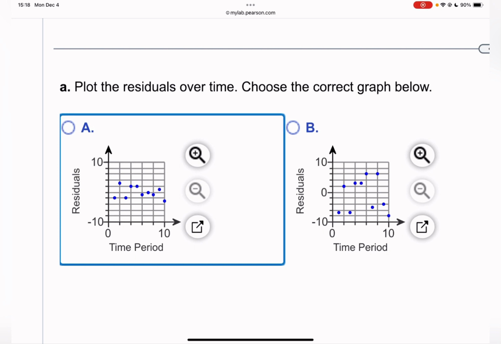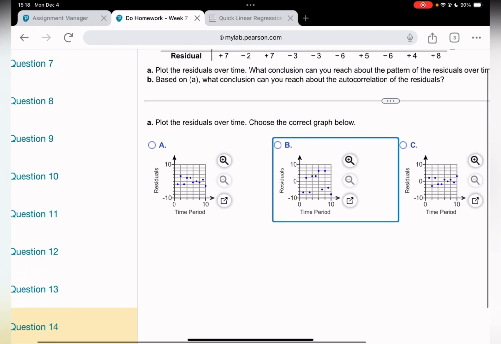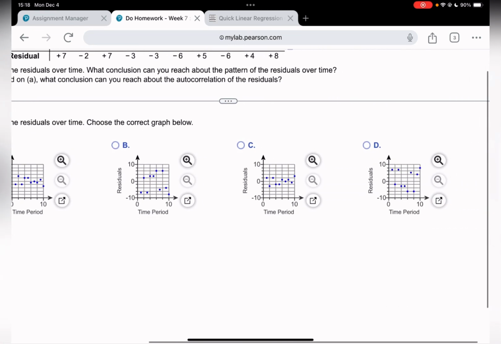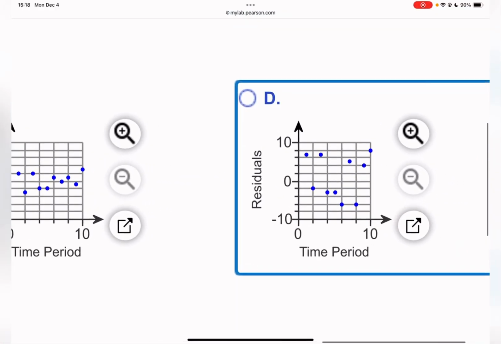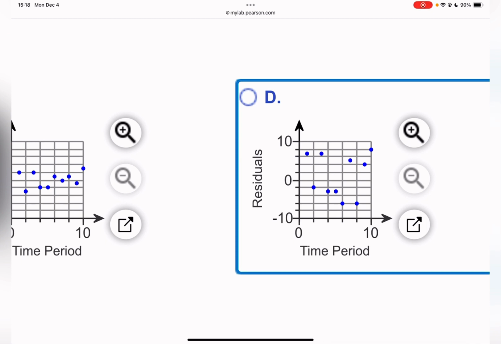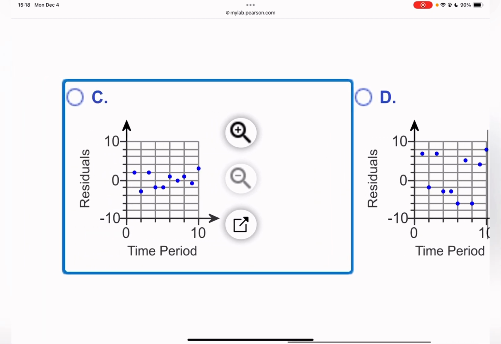Negative 10, negative 9, so it's something negative. Which one has to be higher? Looks like this one, D: 0, 1, 2, 4, 6, 8.